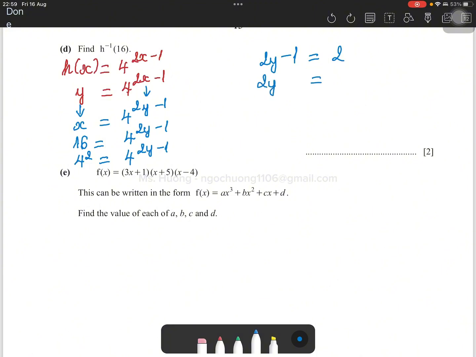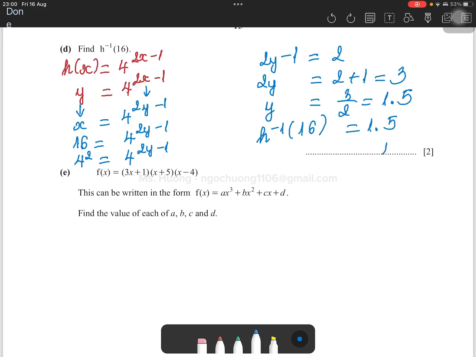To find the value of y, we add 1 to both sides. Equals 3. And to find the value of y, we divide both sides by 2. So y is 1.5. And this means the inverse of h of 16 is 1.5. 1.5 is the final answer.